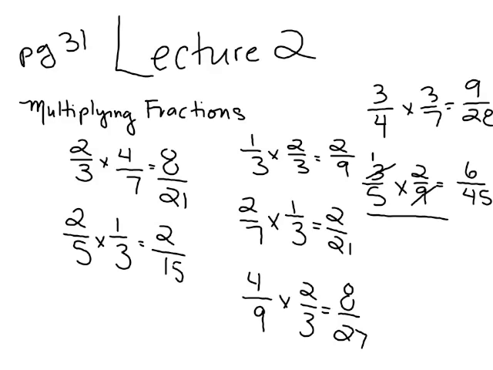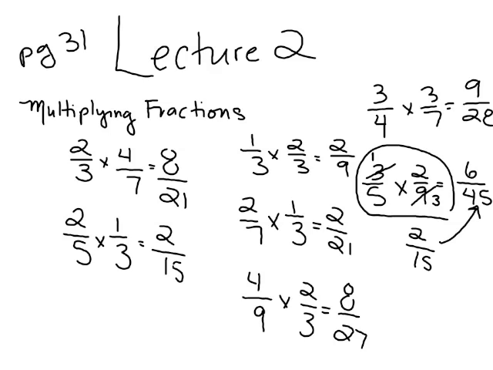And then how many times will 3 go into 9? 3 times. So 1 times 2, and then 5 times 3, 15. 6/45 simplified, these are both divisible by 3. So 6 divided by 3 is 2, and 45 divided by 3 is 15. So it's always easiest to simplify, if you can, before you multiply.